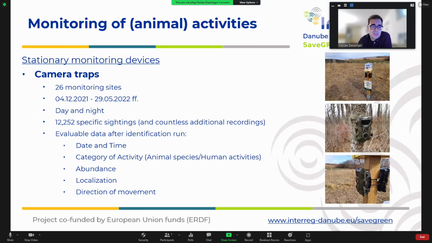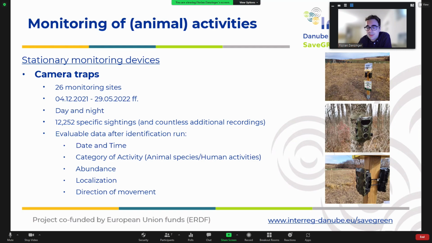The camera traps were placed at 26 monitoring sites in this pilot area. The monitoring started in December, is still running, and now I would just show you the first results for the data that was processed until the end of May this year.